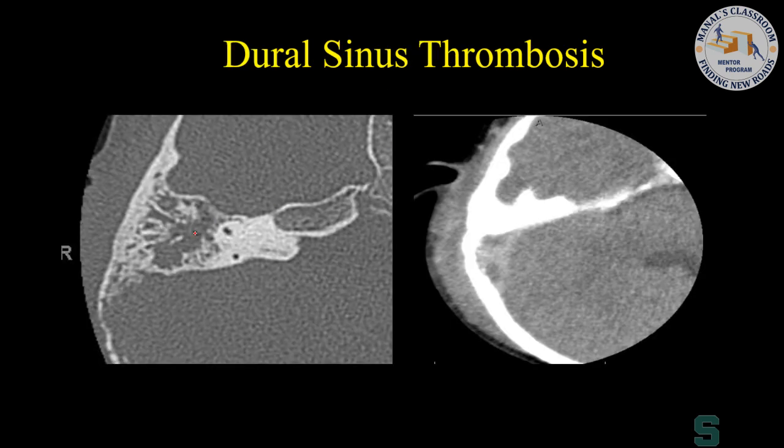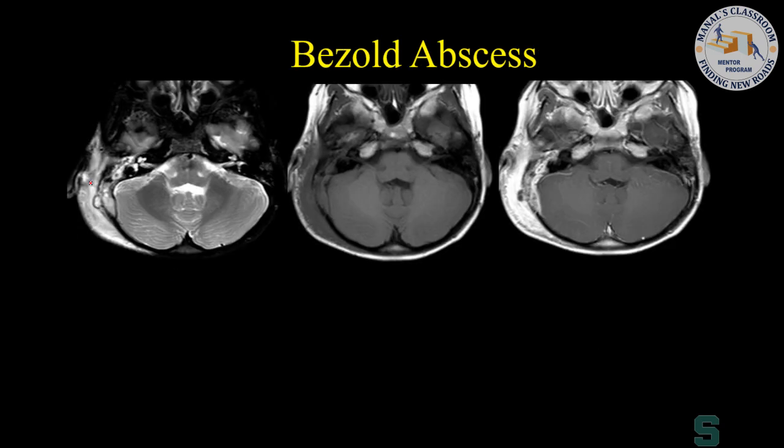If this is untreated, this coalescent mastoiditis can go on and erode the inner cortex of the temporal bone, and it can result in thrombosis of the adjacent dural sinus. So this is clot all in the sinus. So you have this infection that's involving the mastoid air cell, and then it can extend posteriorly. If it extends laterally, this is what we refer to as a Bezold's abscess.